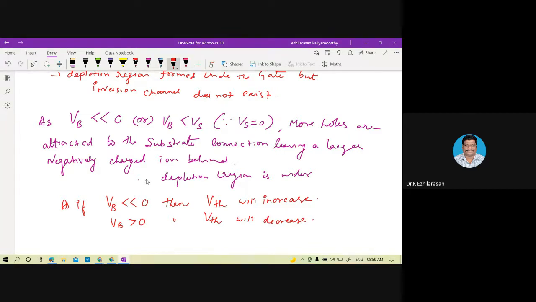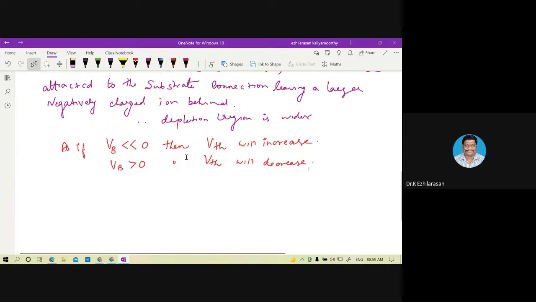Thus, when the body voltage VB is dropped, the depletion charges increase, which increases the threshold voltage. That effect we call the body effect.